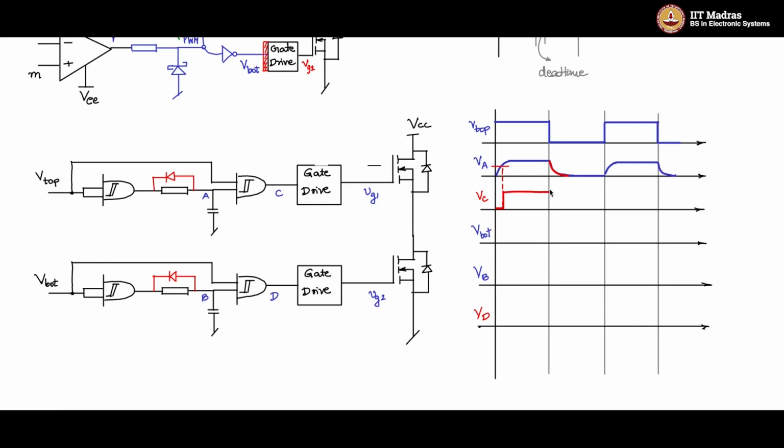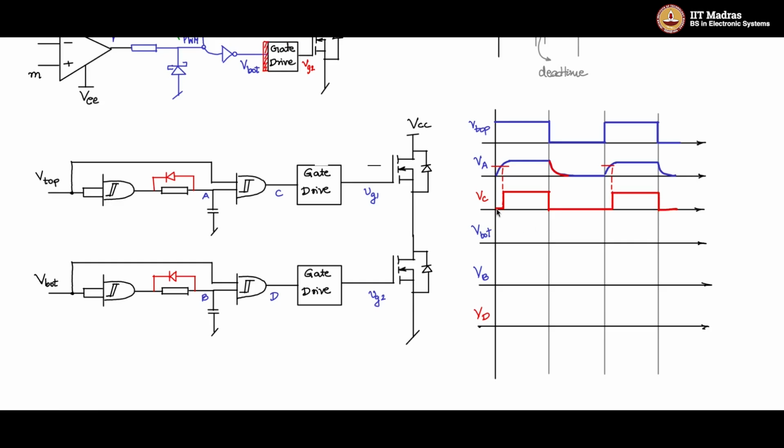And then during the transition from high to low, this may take time to fall, but your V top is coming down immediately. So therefore you will see that this immediately transitions to the low position. Then again here the trip point will cause the delay, and you will see the output going in this fashion.